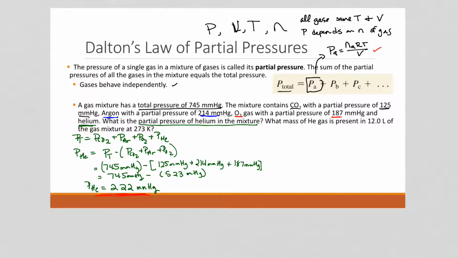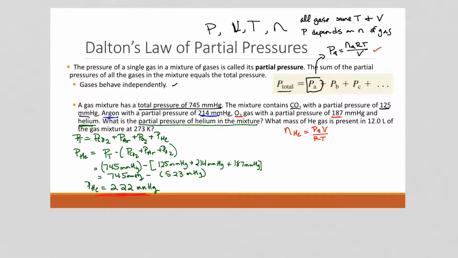So if I solve the ideal gas law for the moles of helium, it's going to equal the pressure of helium times the volume over RT.